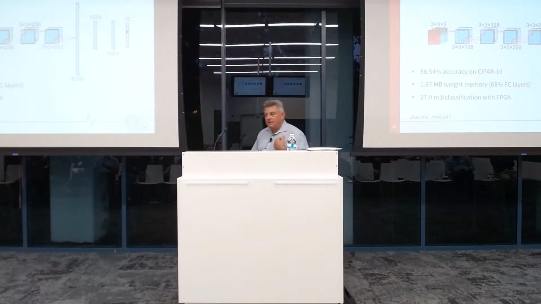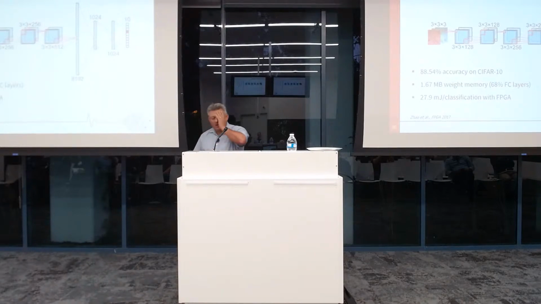Of course, we do IC design, so we're the slow athlete in the stadium. The FPGA guys jumped on this first, and they said we're going to build binary nets on FPGAs. So they had the first few papers on this architecture, and they built networks like this one.